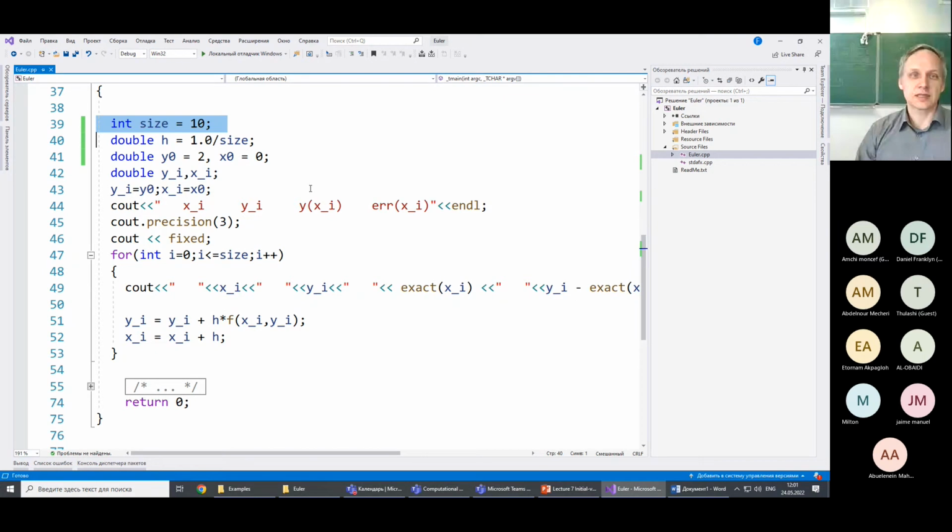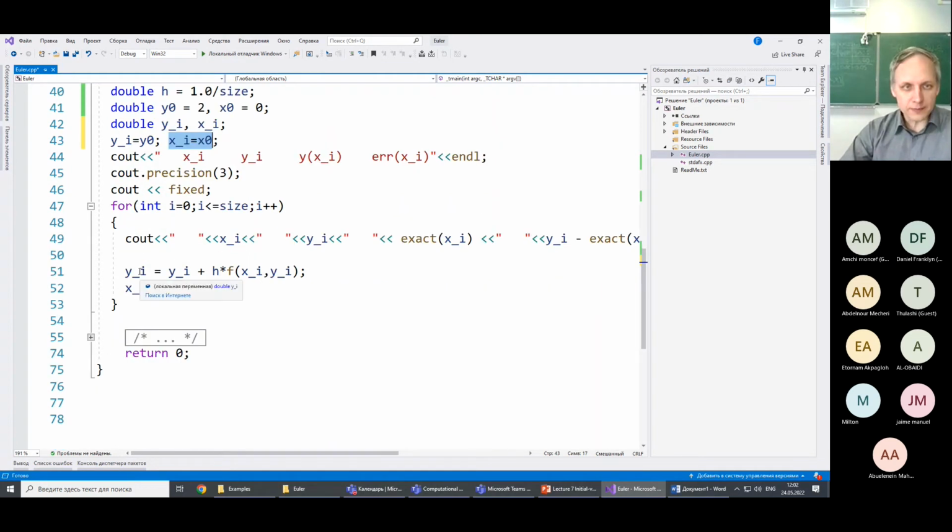In this case, the step can be computed as 1 over size. x0, y0 are the initial condition. To compute the table of the values, let me declare the variables xi, yi. The initial values of xi and yi are x0 and y0.